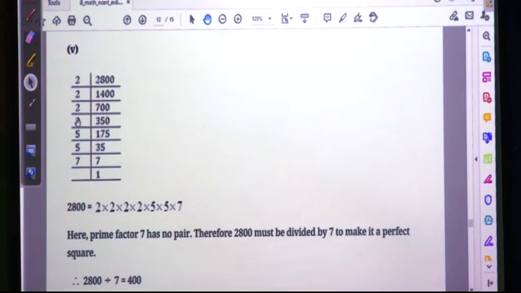Further, 2 ones are 2, 1 remaining. Next value is becoming 15. 2 sevens are 14, 1 remaining. 2 fives are 10.